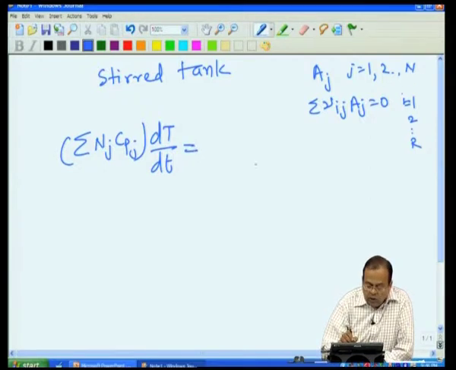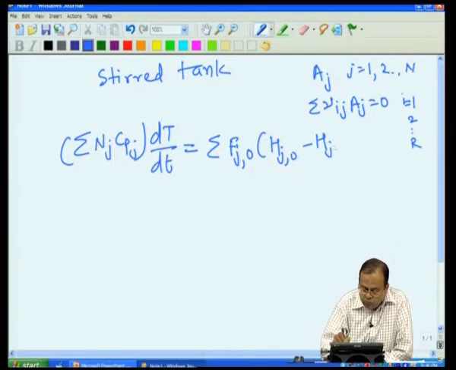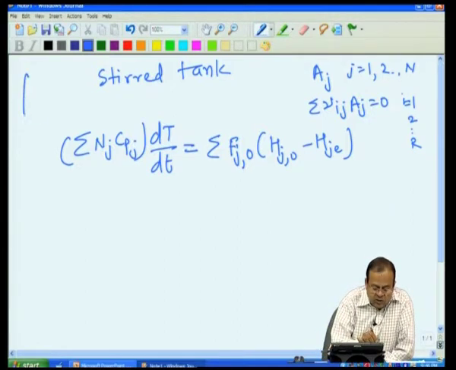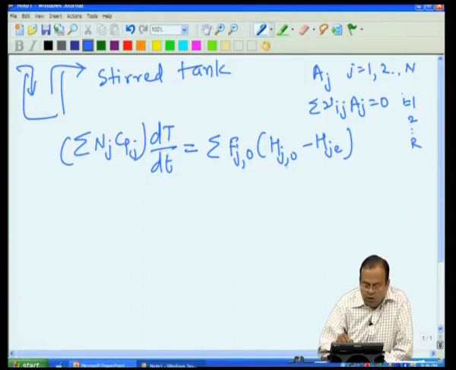So, this is equal to summation Fj0, where Fj0 is the molar flow rate of species coming inside. So, we are considering a general stirred tank reactor with a continuous operation, and Hj is the enthalpy, subscript 0 denoting the entry point and E denoting the exit point.